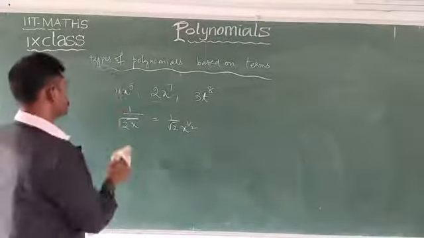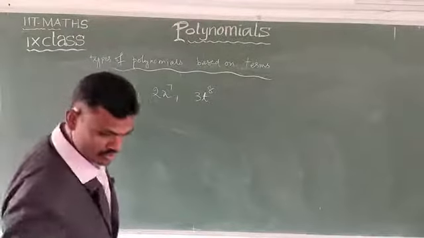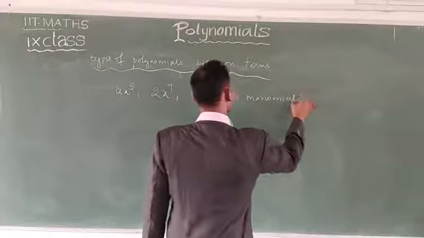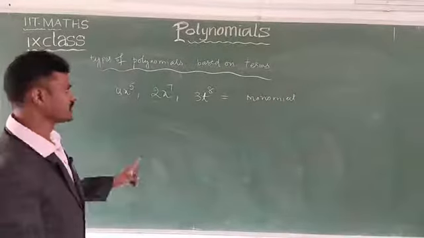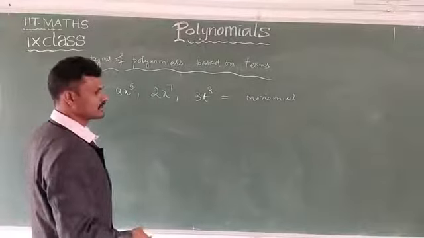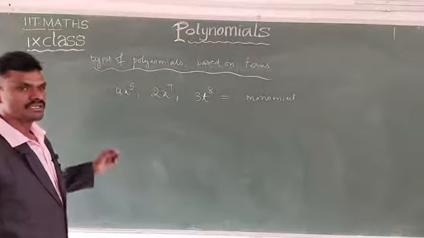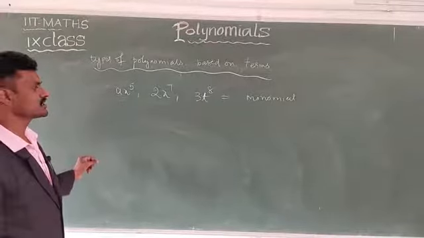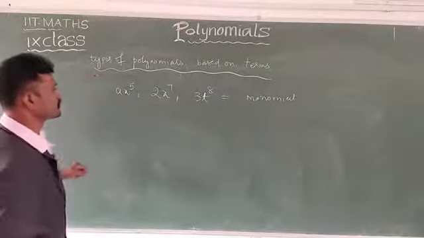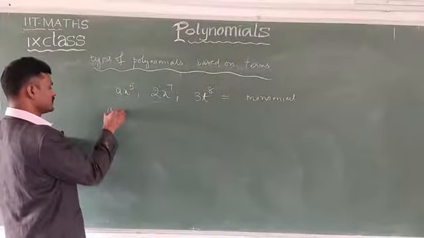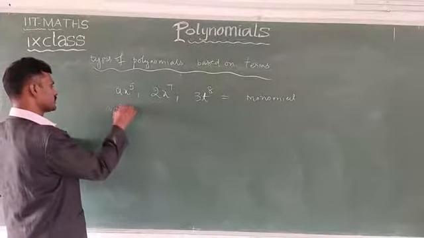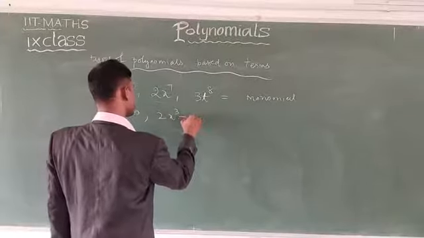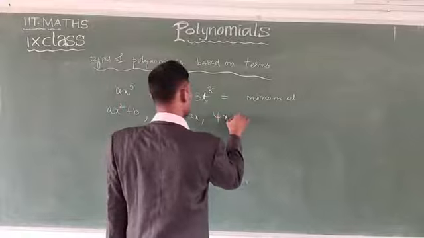Now see here, first one is monomial. A polynomial containing only one term is called a monomial, and a polynomial containing 2 terms which are separated by plus or minus, that polynomial is called a binomial. See here, a x square plus b, and 2x cube minus 3x, 4x plus 3.